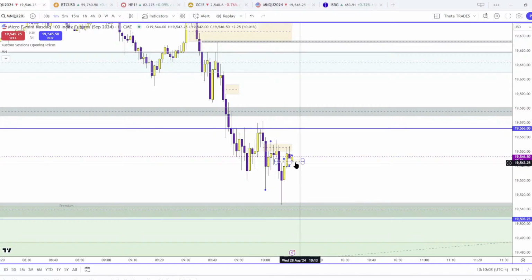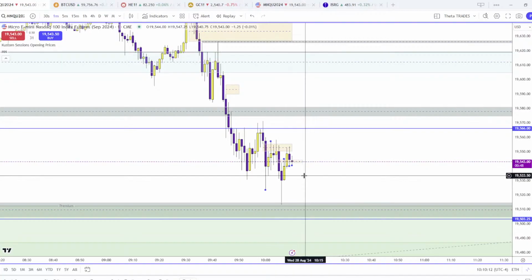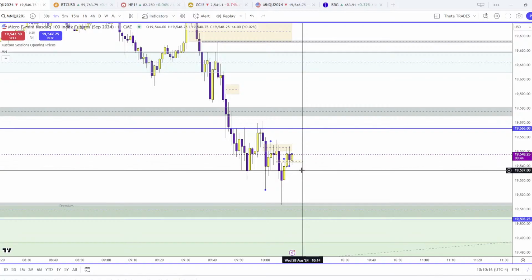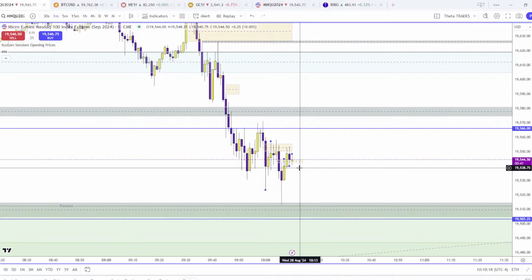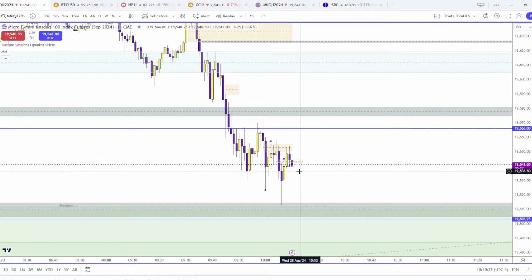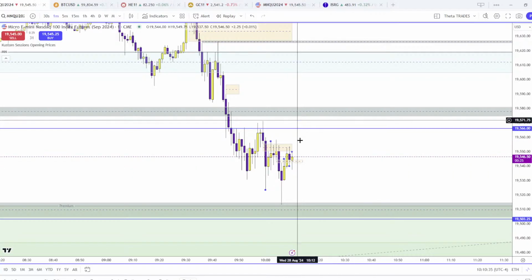So you see how it's using it as support. You want to see it climbing out of there.